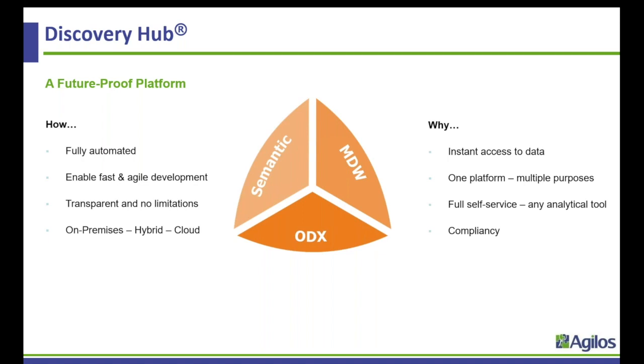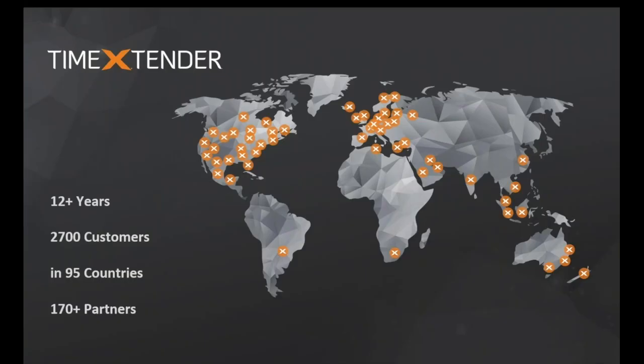compliant. So the Discovery Hub solution that we want to propose here is a product that comes from a company called TimeXtender. TimeXtender is a Danish company that has a lot of different customers all over the world.